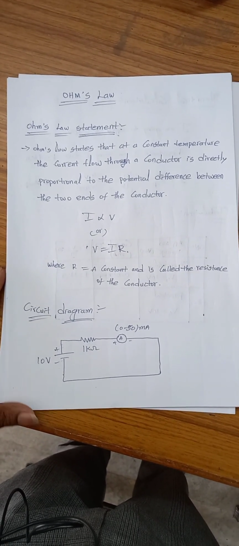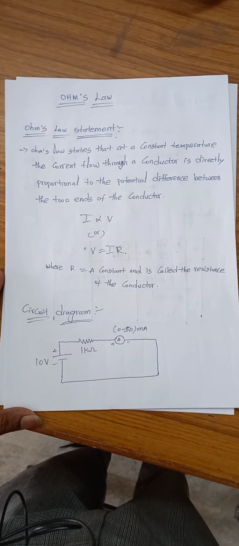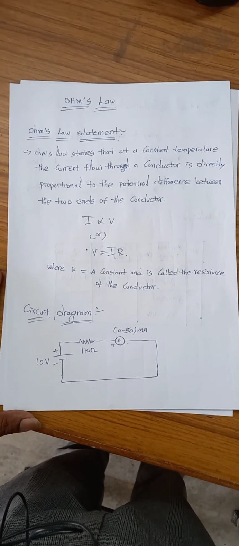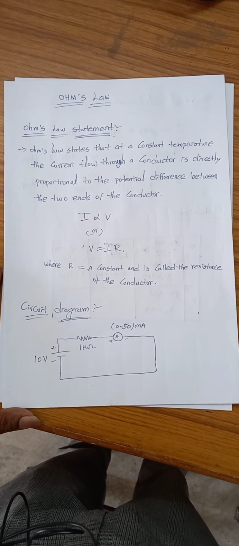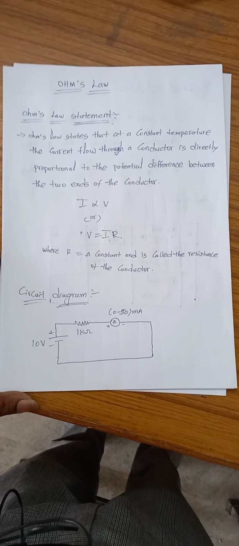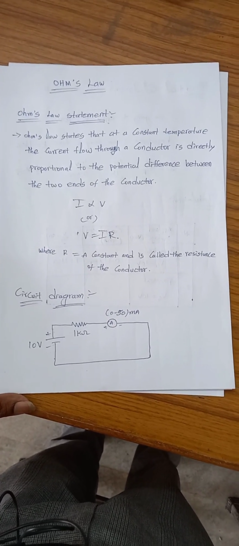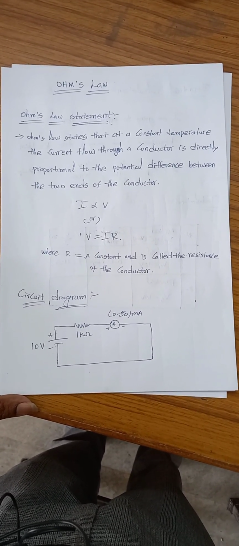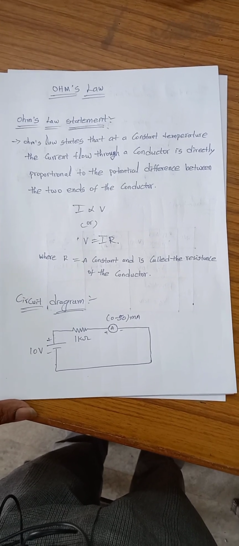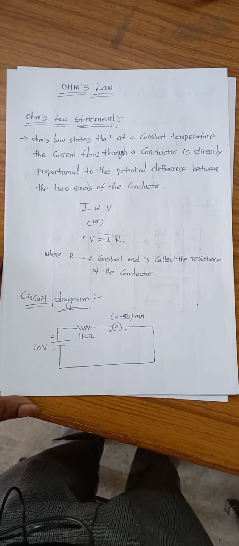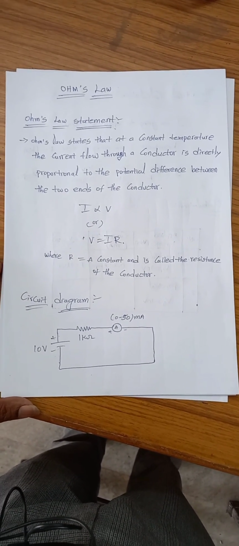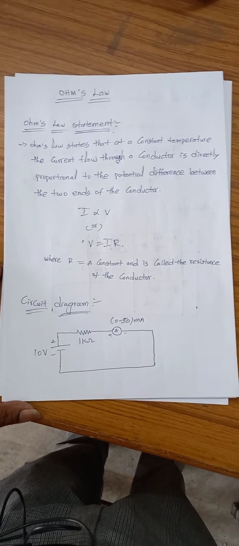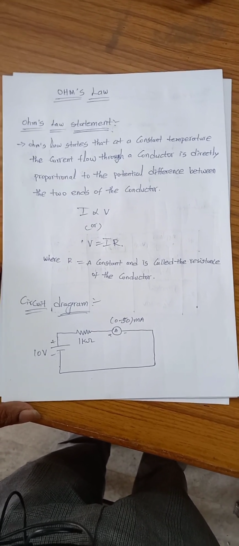If temperature is not constant, then automatically the conductor resistivity will change. Whenever temperature increases, the flow of current will decrease in a conducting material. For a semiconducting material, if temperature increases, the flow of current also increases. Why?